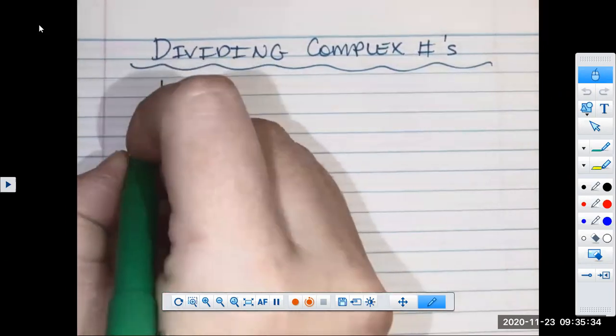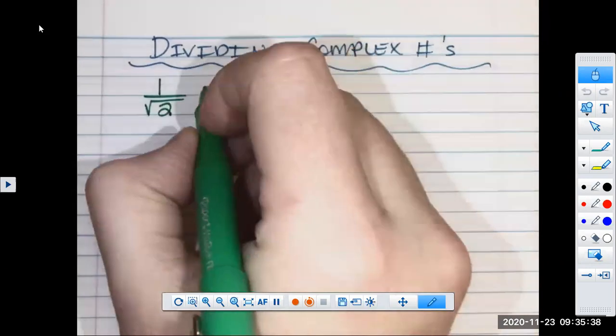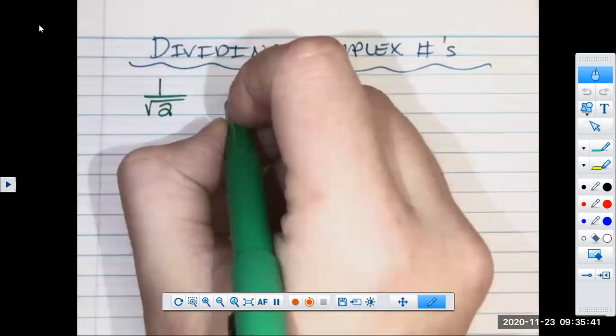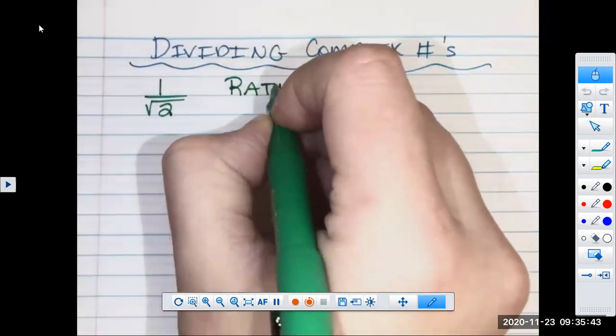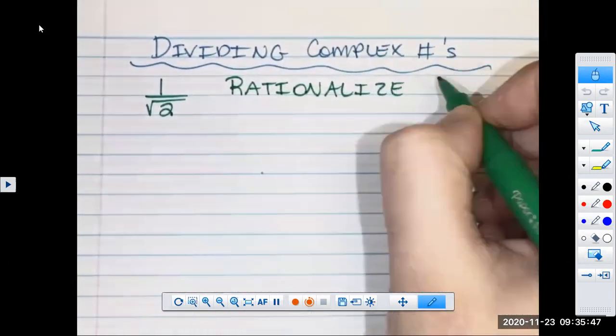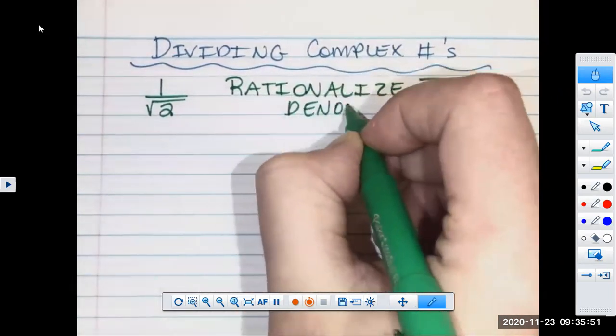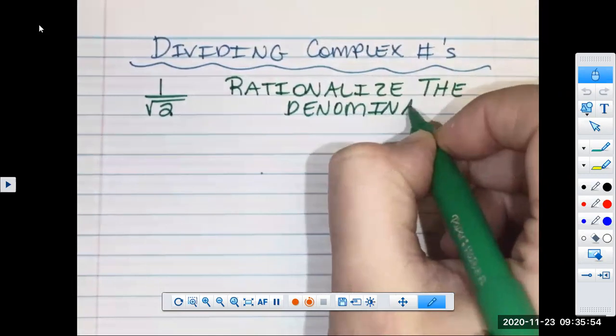So if I have something like 1 divided by root 2, you've learned in mathematics that you would have to rationalize the denominator. And I'm going to show you the process involved in that.